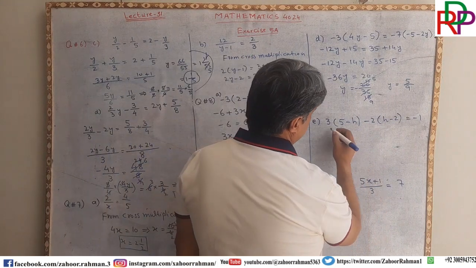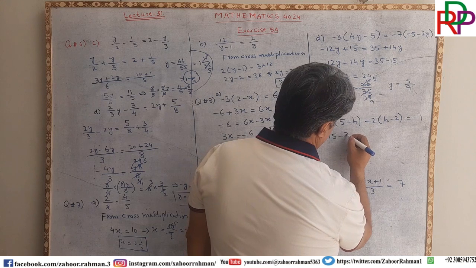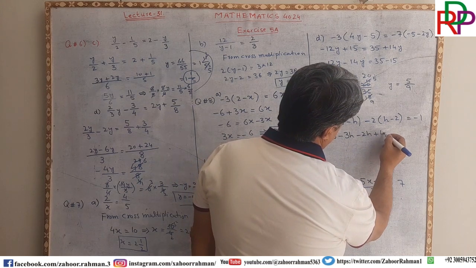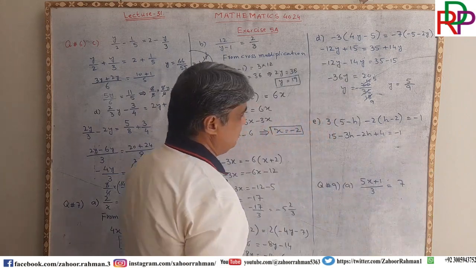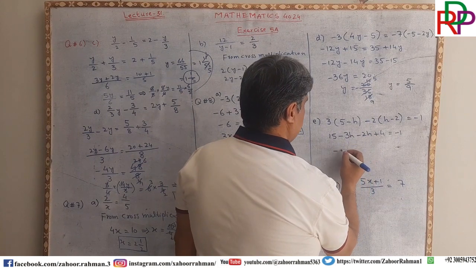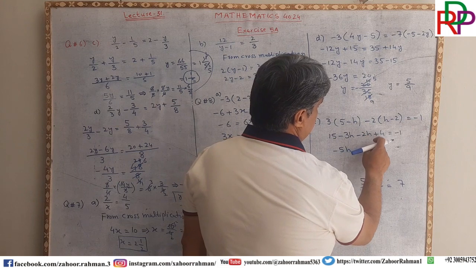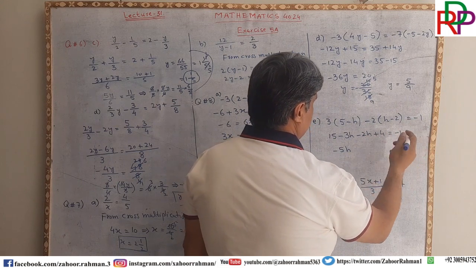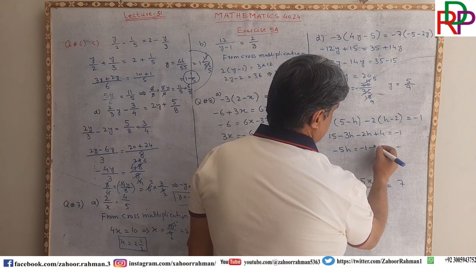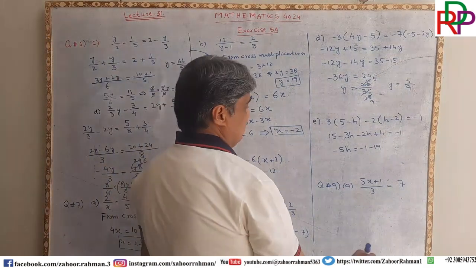Now we are doing part number E. 3 5s are 15 minus 3h minus 2h plus 4 is equal to minus 1. So minus 3h and minus 2h will give you minus 5h, and then 15 plus 4 is 19, and when 19 is shifted to that side, it will become minus 19, and it will be added with minus 1.